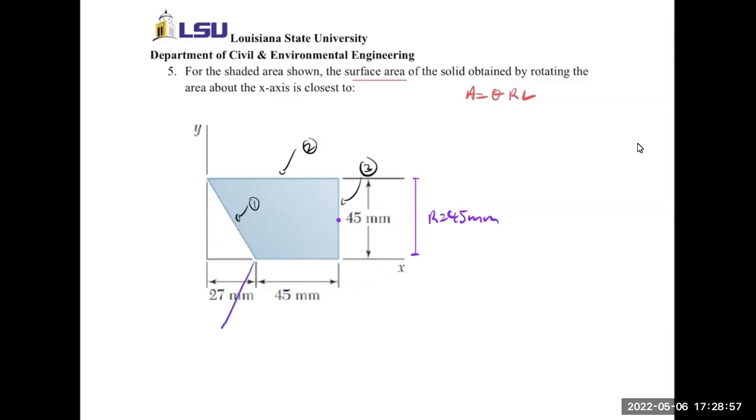If we had its reflection right here, then this r wouldn't be r, it would be the diameter. But since there's no reflection of this object, this 45 right here is the r.